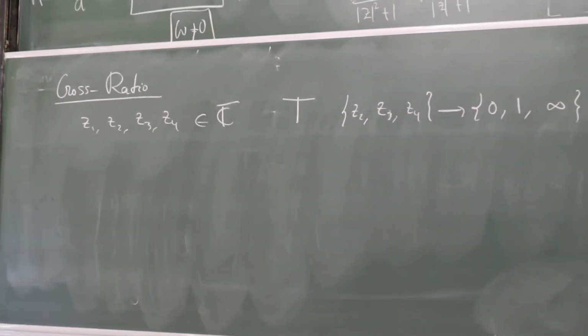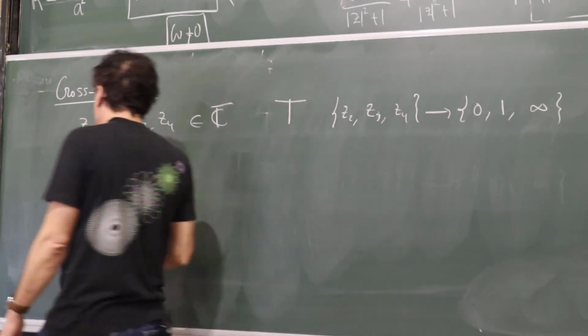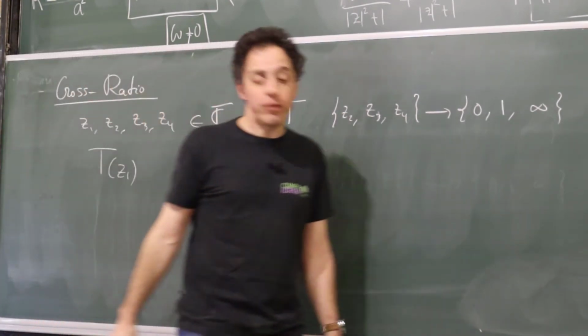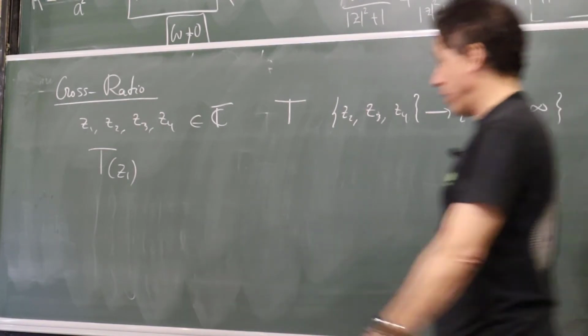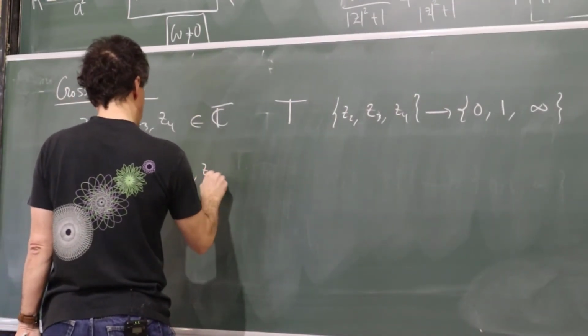There is only one Möbius transformation that performs this. And now take the number T of Z1, that is a point, and in this case it's not infinity. Take this number, and this number is going to be called the cross ratio of Z1, Z2, Z3, and Z4, and sometimes it is represented like this.